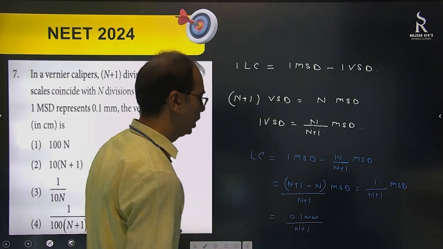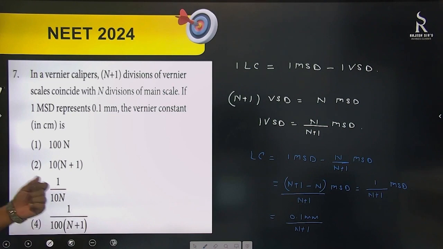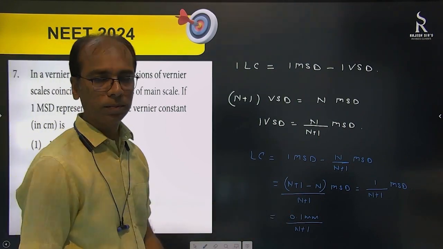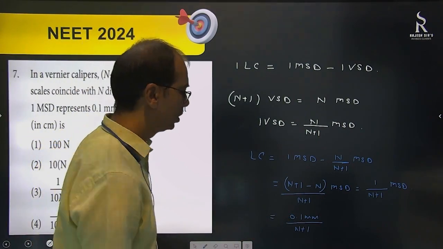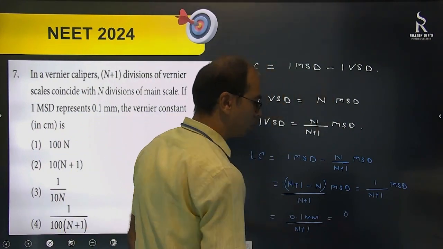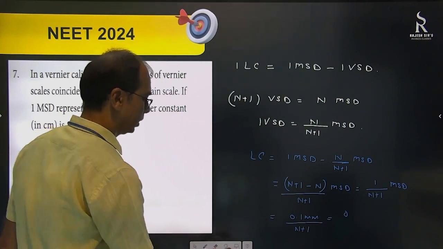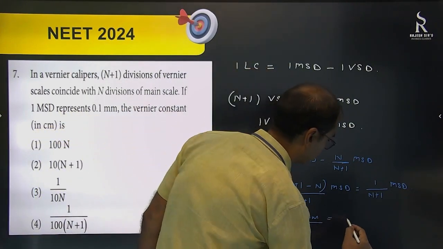Now check, is it there or not there? It says 100 n, no. 10 n plus 1, no. 1 by 10 n, no. 1 by 100 n plus 1. So my answer is not there. Let's check what is it. He said in centimeter. My answer is in millimeter. Convert it in centimeter. 1 millimeter equal to 1 by 10 centimeter. So 0.1, it's also 1 by 10 only. Okay. So this is also 1 by 10.